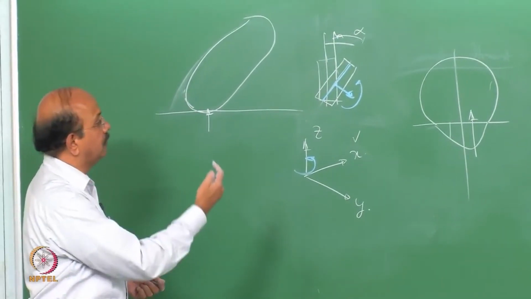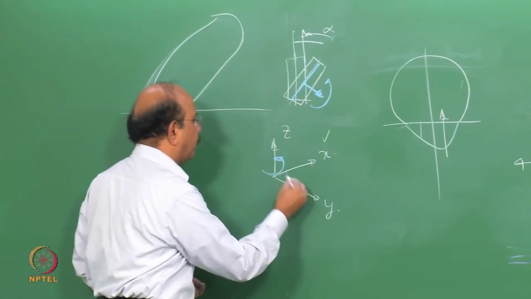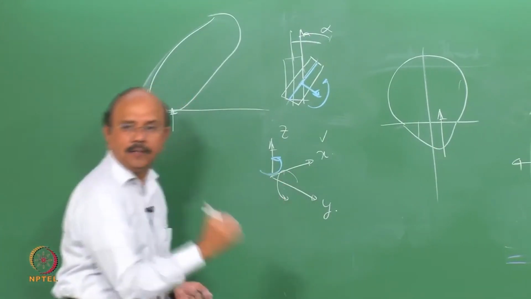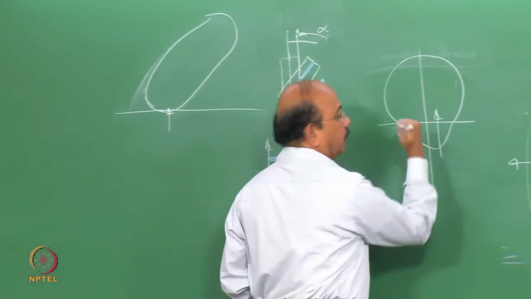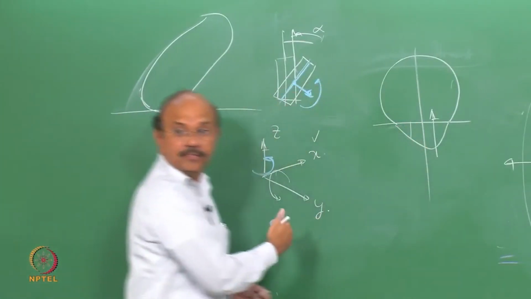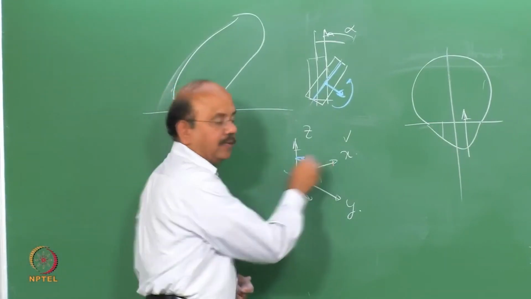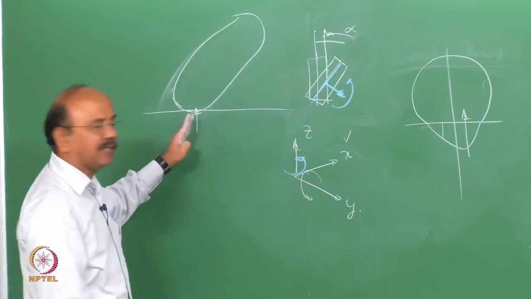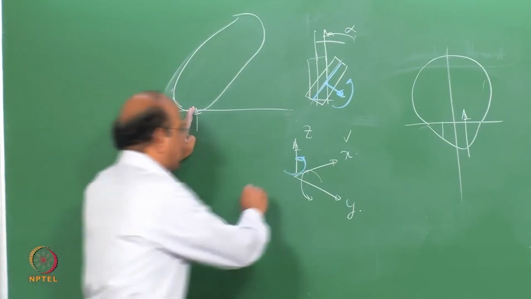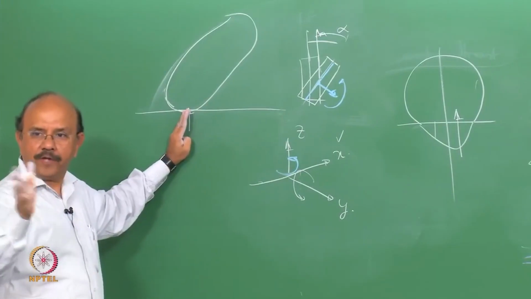And the rolling resistance produces a moment about y. This is a rolling resistance moment. The other third moment in the x direction is because of the fact that there's a camber and the contact point is not exactly along the x direction and can be shifted away from x.